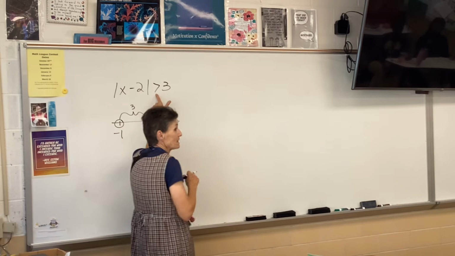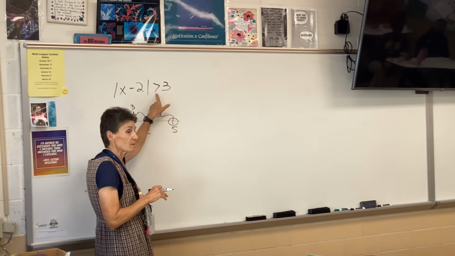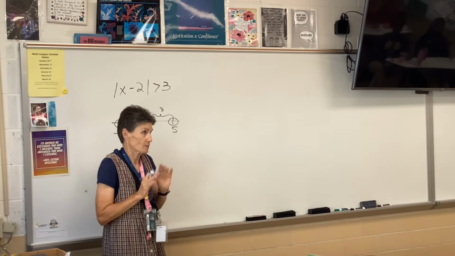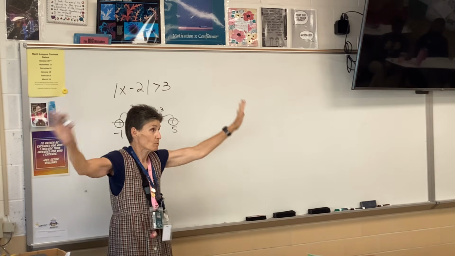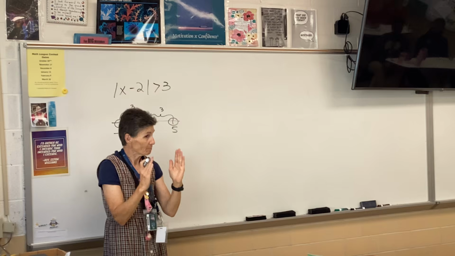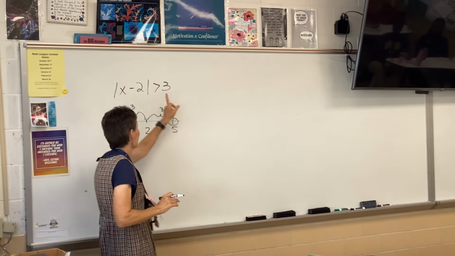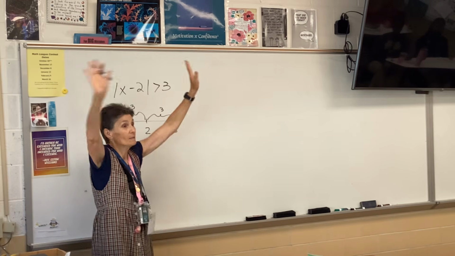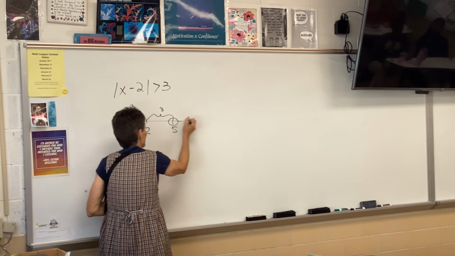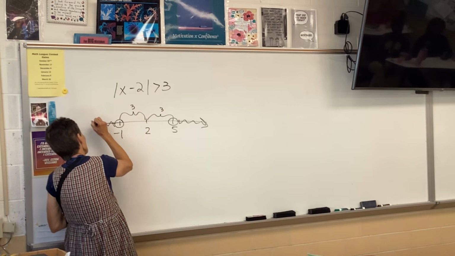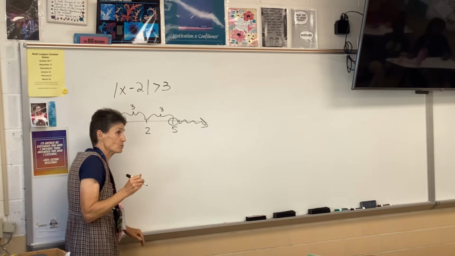This is a greater than. Where are the greater numbers? Out. They're out. Greater than means shade out. So I'm going to shade this way on my number line and this way on my number line, and that's the answer to the question.